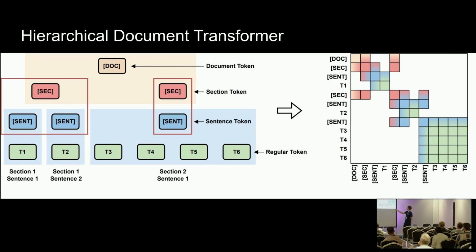This one token is connected to its adjacent sentence tokens and to its hierarchically above section token. I guess this left and right hand side have a little bit of discrepancy, but this sentence and that sentence are related, so they attend to each other.